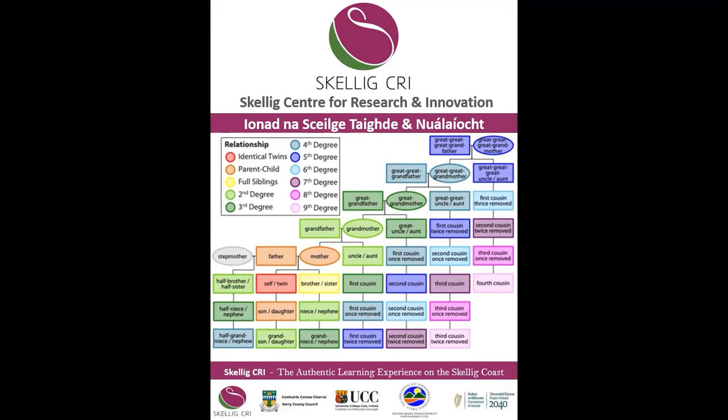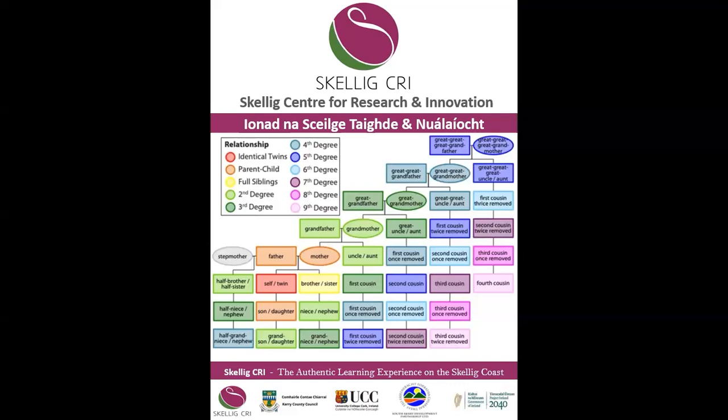This is an excellent color-coded image which we sourced, and it shows you the color when you've got the second degree: half brother, half sister, a niece or a nephew, a grandson or granddaughter, full sibling colored in yellow, identical twins in red, the fourth degree in a type of teal: the great-great-grandfather, the great-great-grandmother, the great-great-uncle or aunt, first cousin thrice removed, so 3 times removed, because the second cousin twice removed would be the 7th degree.